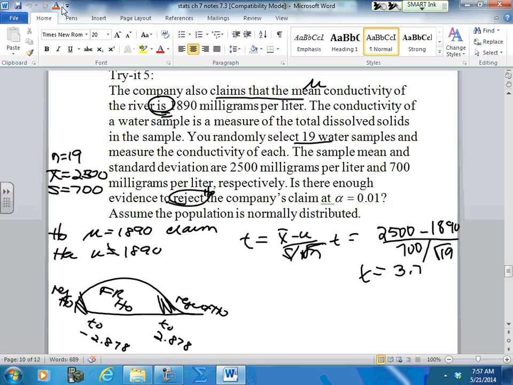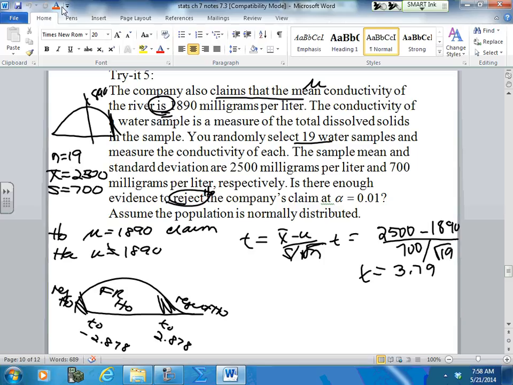Negative 3.8? I got positive. In the calculator, you get positive 3.79. Well, you have to remember, guys, the sample is above, it almost needs its own sketch. Here's your population mean.